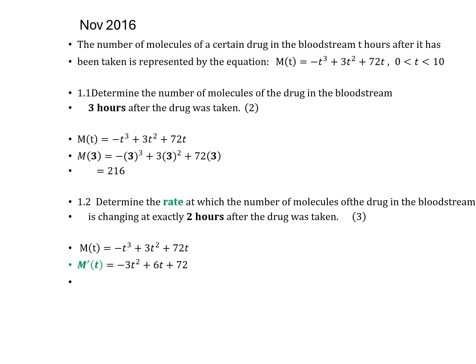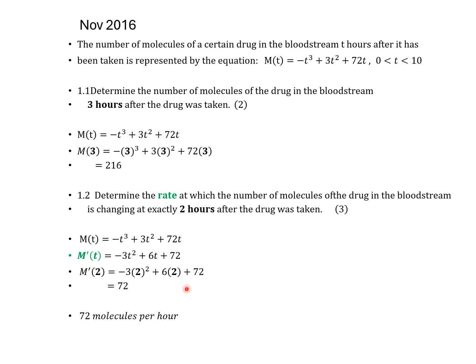So M'(2) equals minus 3 times 2 squared plus 6 times 2 plus 72. 72 plus 12 would give me 84, 84 minus 12 would give me 72.